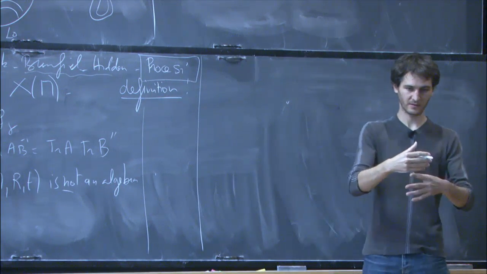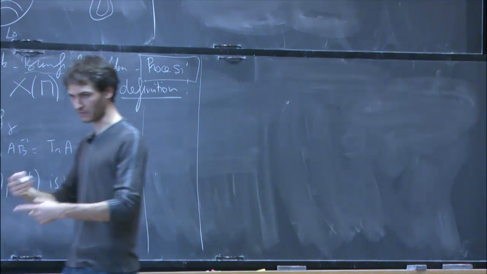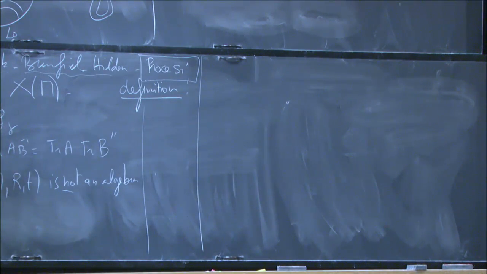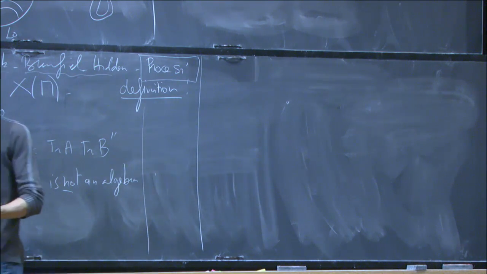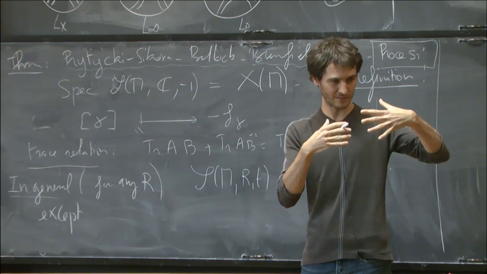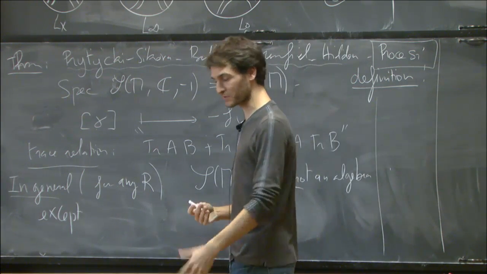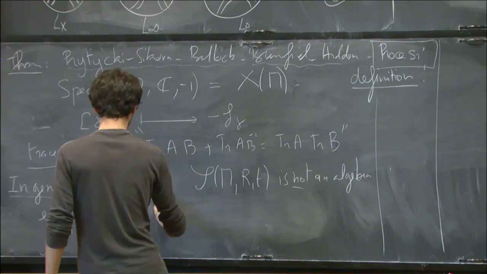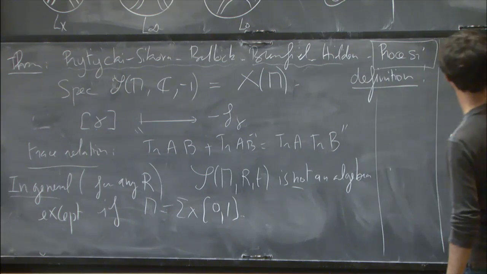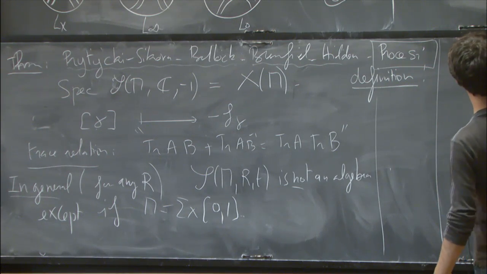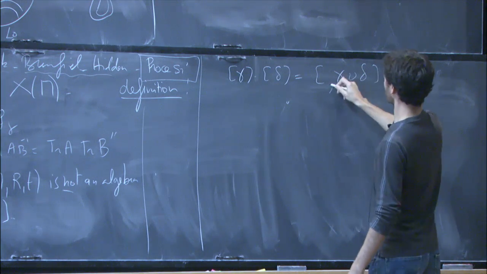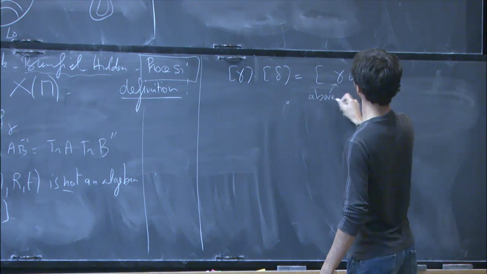If you do that, it depends on the way you present the link without crossings, except in one particular case, when you can do that in a well-defined way. If you have two links inside the manifold and you can put them disjointly, there is a case when you can do that: if M is sigma cross I, that is, sigma cross 0, 1. Because in that case, you can just define gamma times delta by the same formula, gamma union delta, but this you put above and this below.